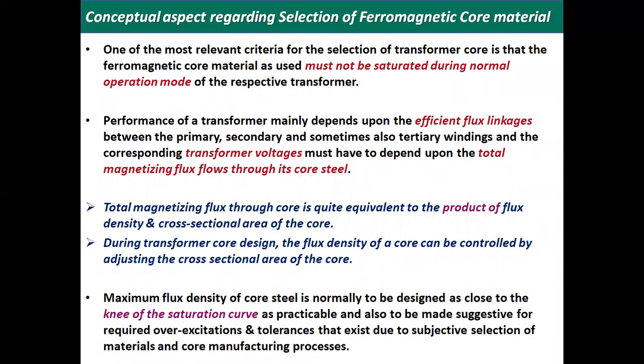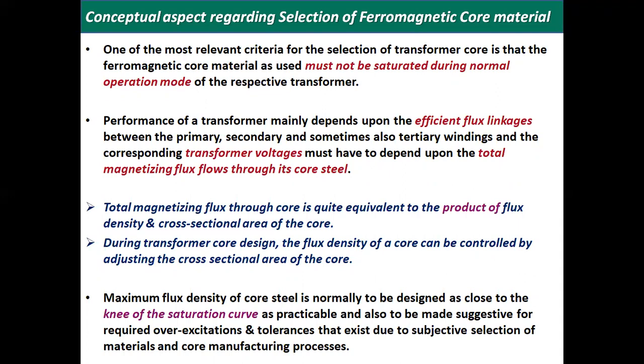Conceptual aspect regarding selection of ferromagnetic core material. One of the most relevant criteria for the selection of transformer core is that the ferromagnetic core material used must not be saturated during normal operation mode of the respective transformer.